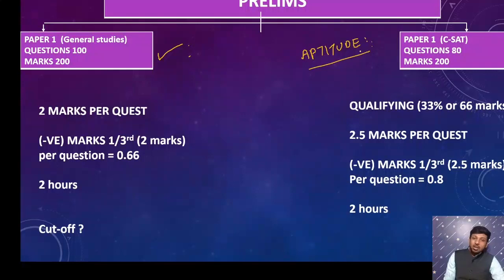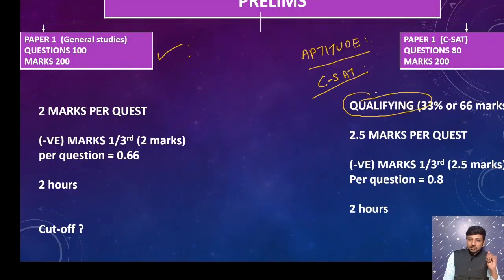The name for this aptitude paper is CSAT. Therefore, one General Studies paper and one CSAT paper. The General Studies paper is in the morning, and after lunch on the same day, we have the CSAT paper. And of these 2 papers, the CSAT paper is a qualifying paper.